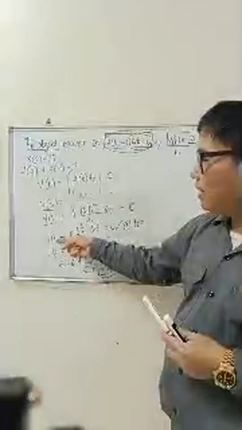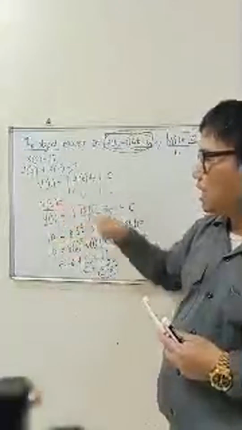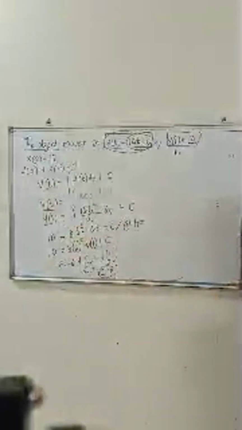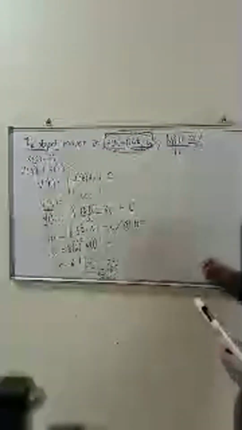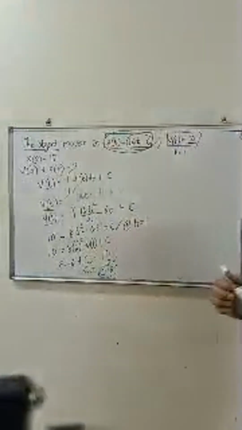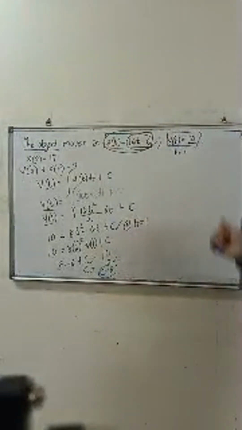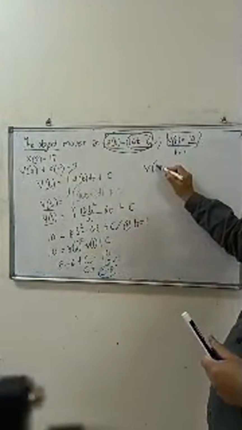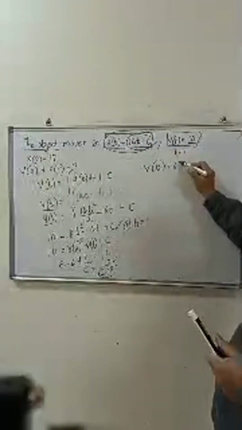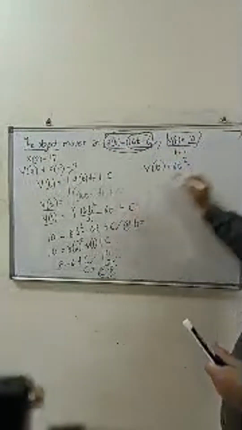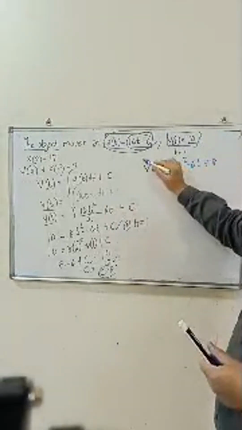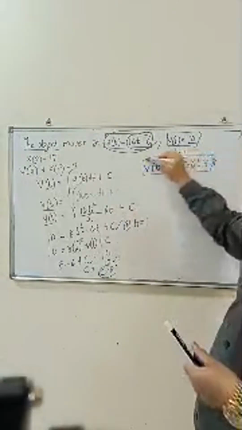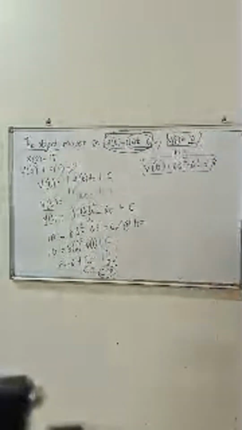Instead of 10, this is the V function of t, because that is what you use to get the X function of t. So our V of t is equal to 8t squared minus 6t plus 8. This is the velocity function of t.